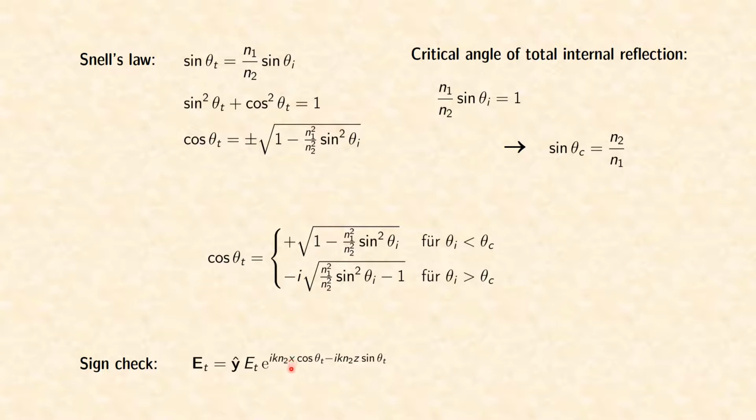So the incident wave goes to negative x direction, and therefore the transmitted wave also has to propagate in negative x direction. And due to the sign convention we used, this means positive sign in this exponential. And we achieved that when we use the positive sign here also. So that fixes the sign in the conventional case.